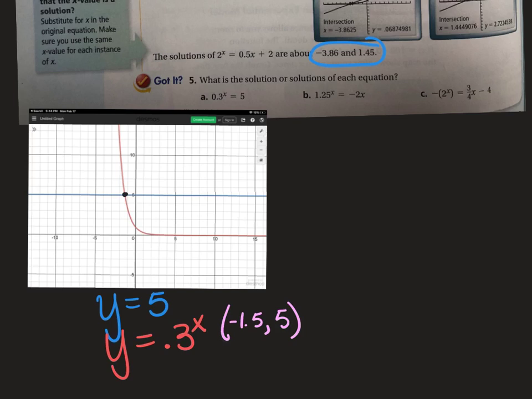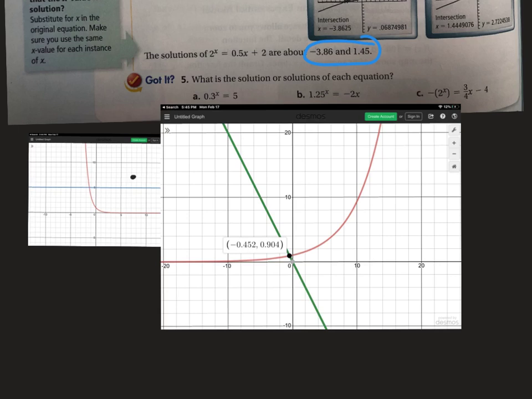Okay, let's take a look at the next one. Now as we look at the second graph, when I graph this, the green line was y equals negative 2x. The red line was y equals 1.25 to the x power.